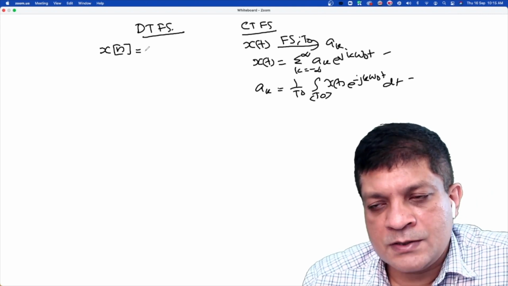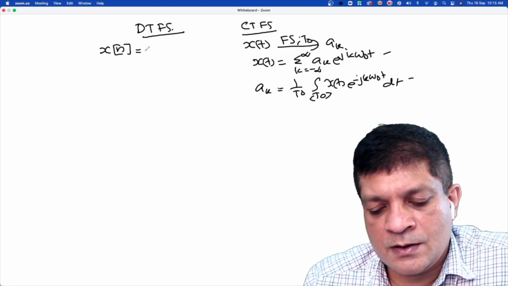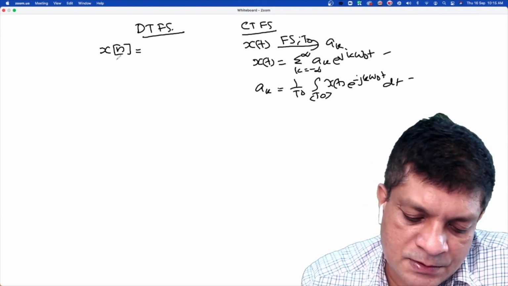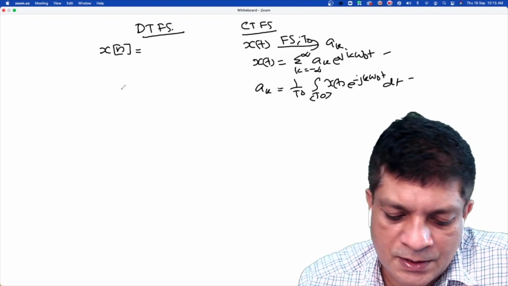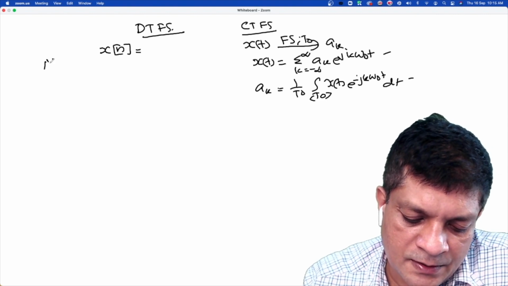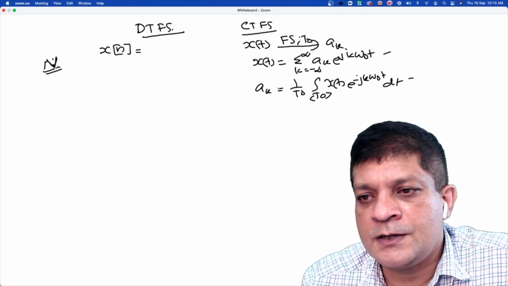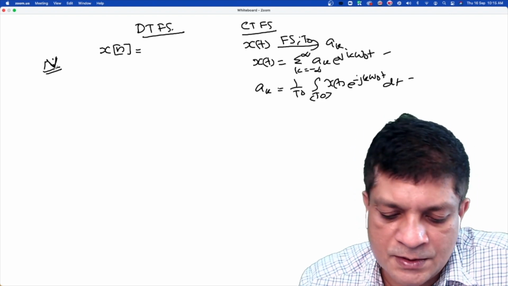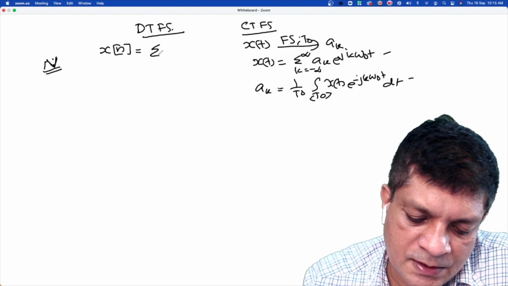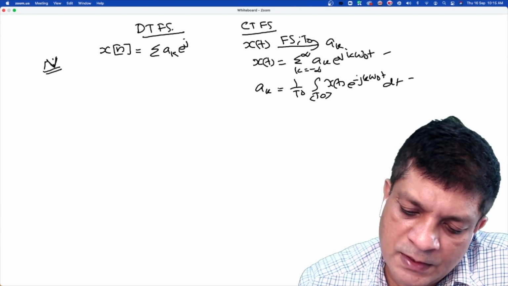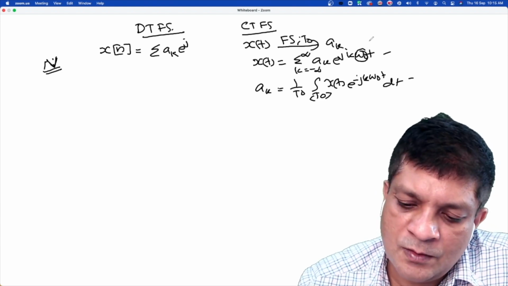Now there is a similar expression for the Fourier series representation of a discrete time periodic signal. If we consider a discrete time periodic signal x[n], let's say capital N is the fundamental period of that signal, then we can write it as a linear combination of complex exponentials e to the power j k omega naught n.